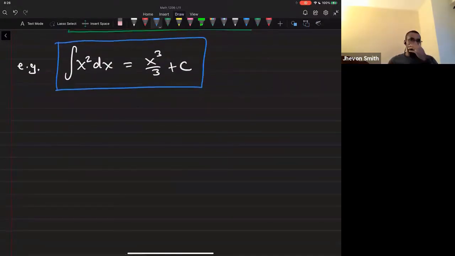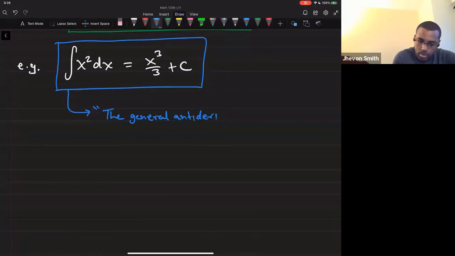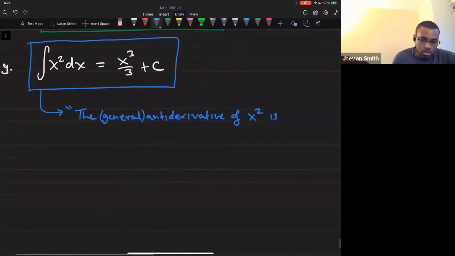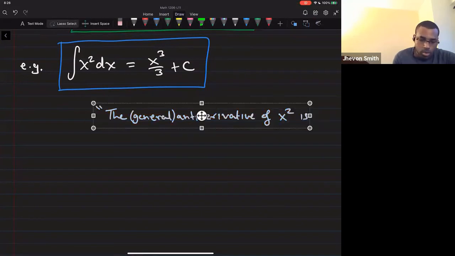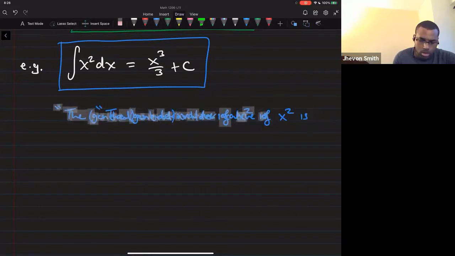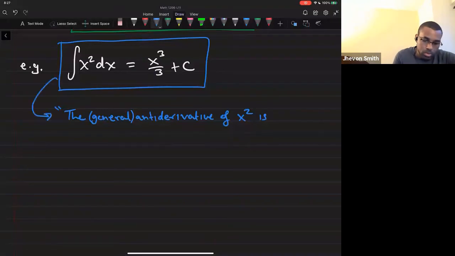And how we actually talk about this is we can say the general antiderivative of x squared is x cubed over 3 plus c.